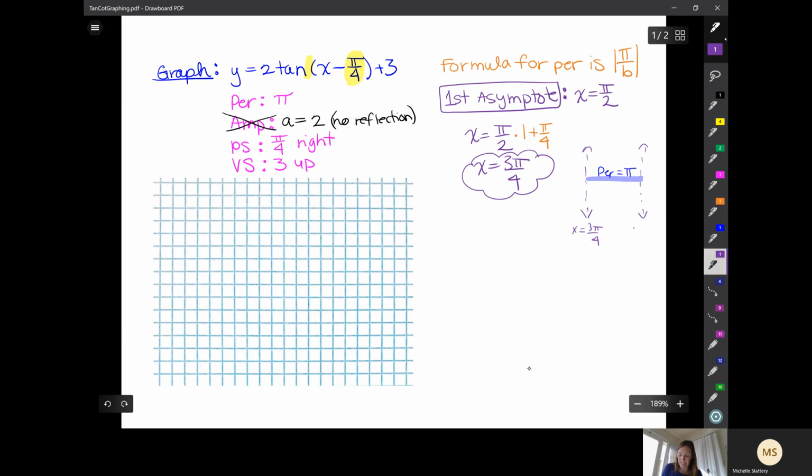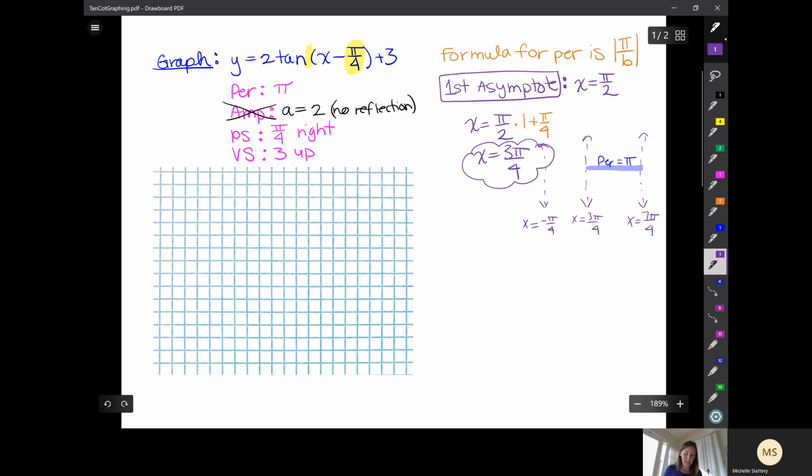So that means my next asymptote here is going to be at x equals 7 pi/4. Cool. If I were to go backwards, my previous asymptote would be pi before that, so x equals -pi/4. Okay, and I forgot to put this in the directions, but let's graph 2 periods. So I'll use that from -pi/4 to 7 pi/4.